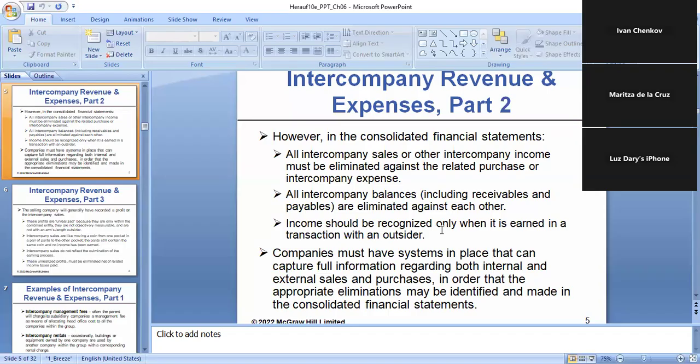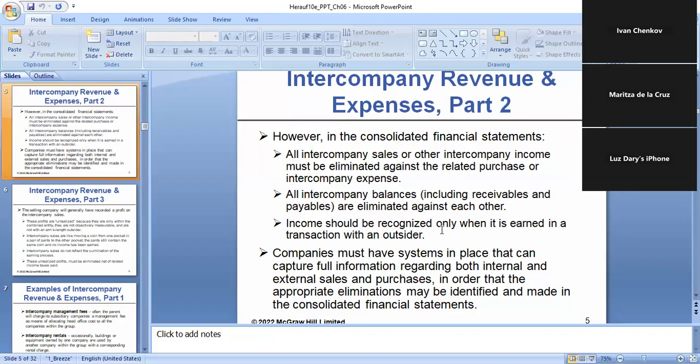On consolidation, remember, we're going to eliminate any intercompany transactions, profits, losses, accounts receivable, and accounts payable, and we're going to leave only the transactions which are related to third parties, which makes total sense.